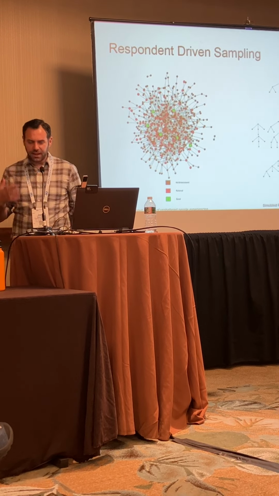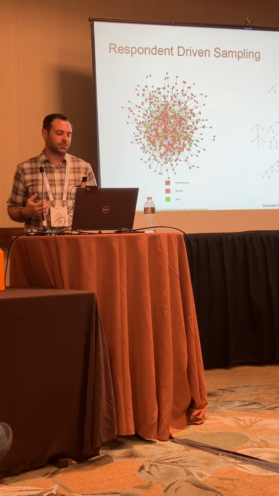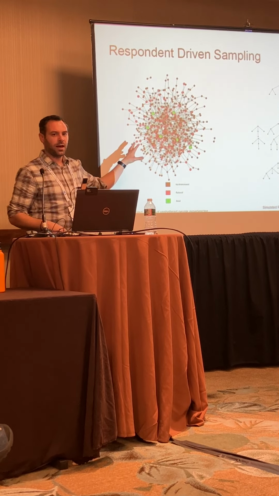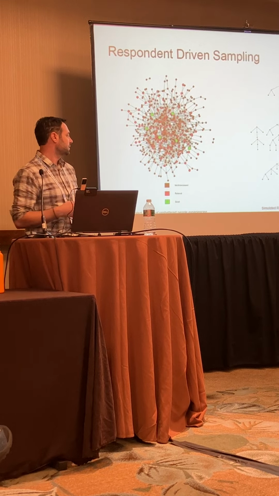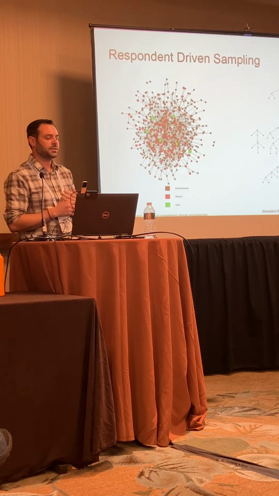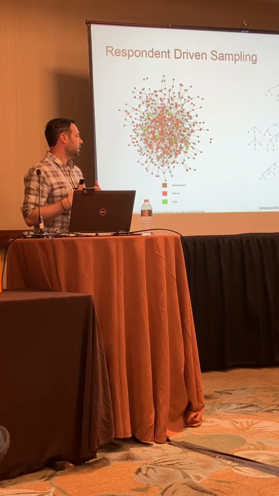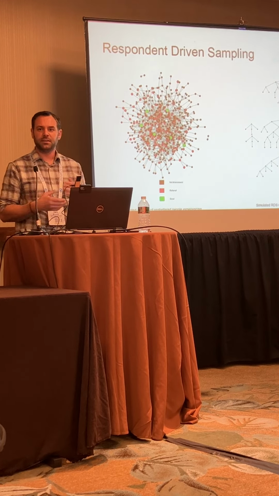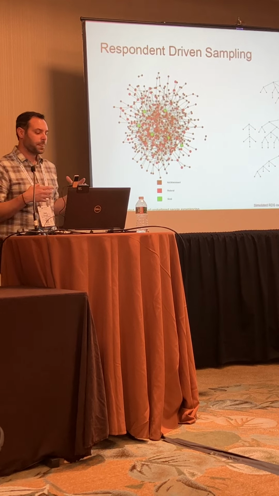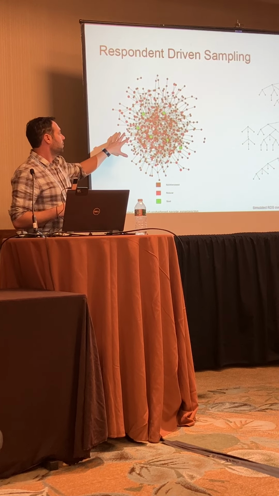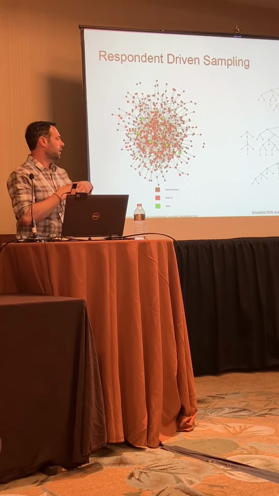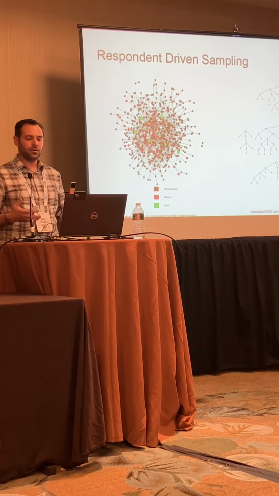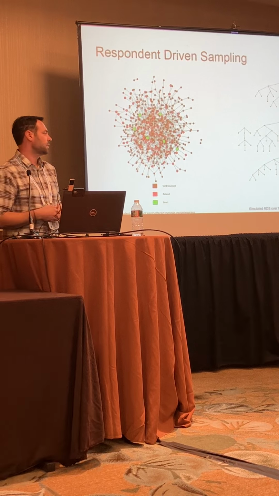So it's nice to have an illustration. Here I have simulated a network of people experiencing homelessness, unsheltered specifically, set in Nashville, Tennessee, based off of a sample data set from one of my students. From that estimate, I can simulate out a complete network. And then on this network, I've simulated a respondent-driven sample just so you can visually see what's going on.